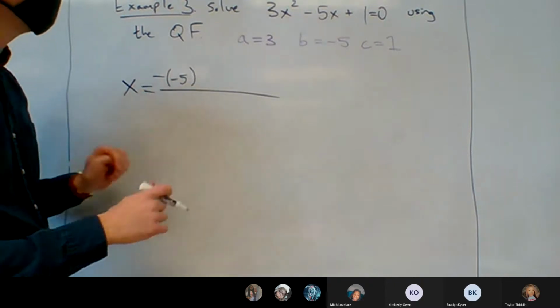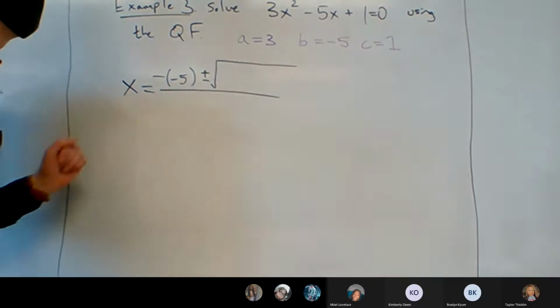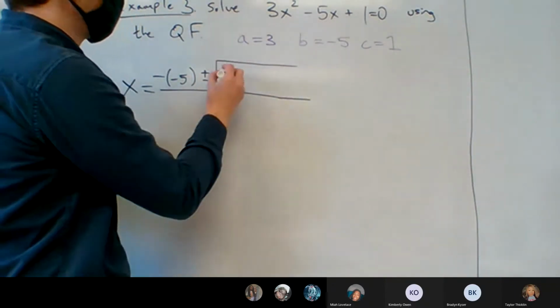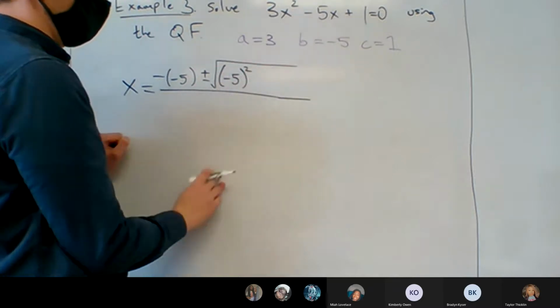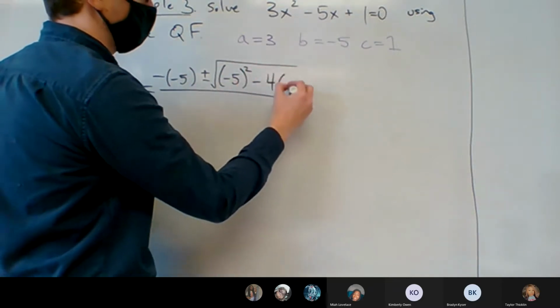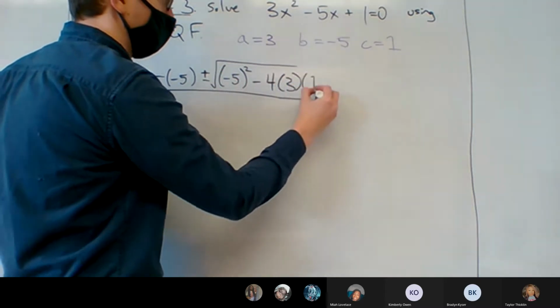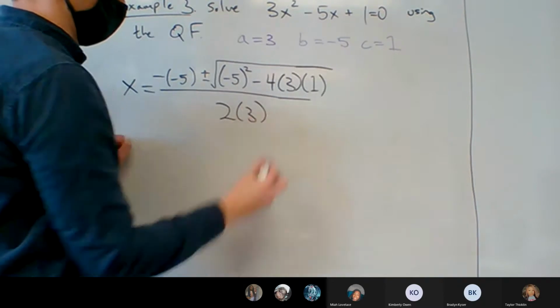But try not to get too ahead of yourself here. Let's just plug everything in. Let's not skip steps as we're writing it down. Now b squared is just going to look like this, and then minus 4 times a times c, and then all over 2 times a.